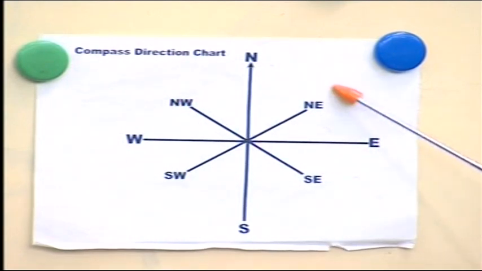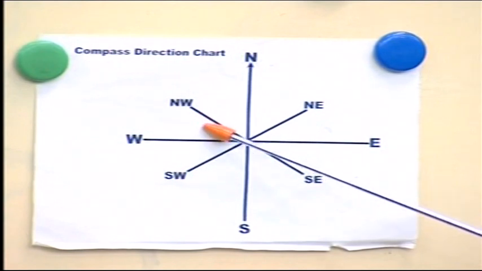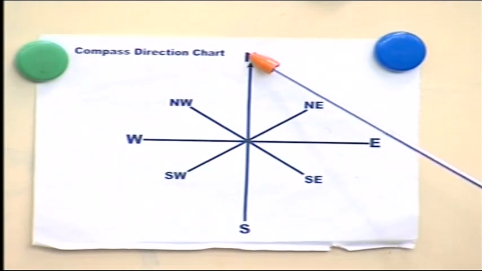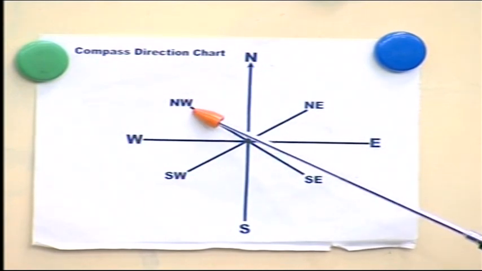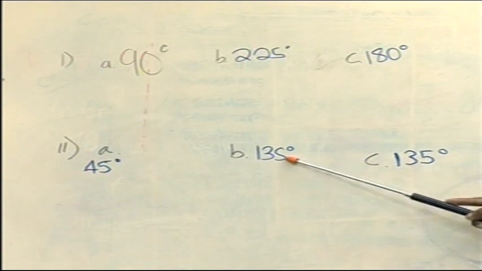Northwest. From east we go anti-clockwise to northwest. So how many degrees is that? Okay, it is 135. From east to north is 90 degrees. North to northwest is another 45 degrees, which is 135 degrees. So our B answer is 135 degrees, receiving students in 7.